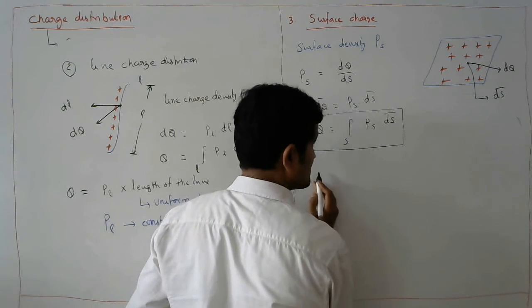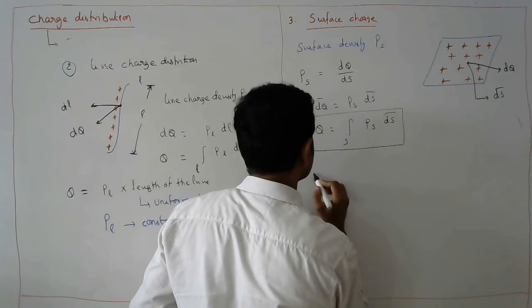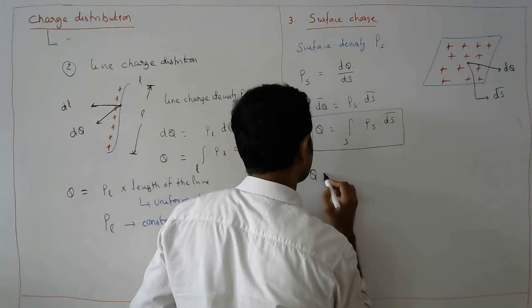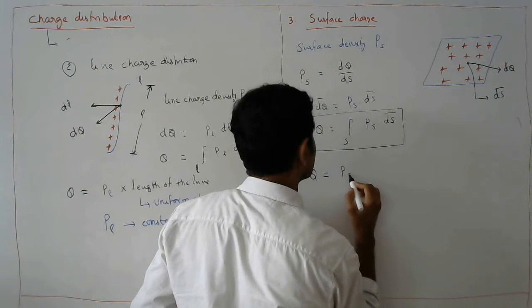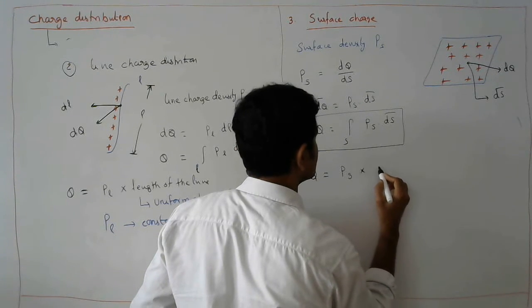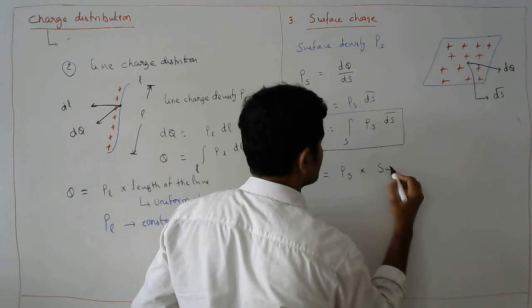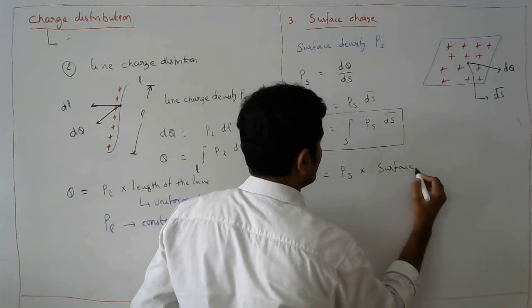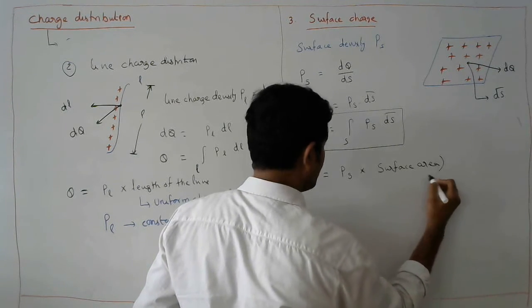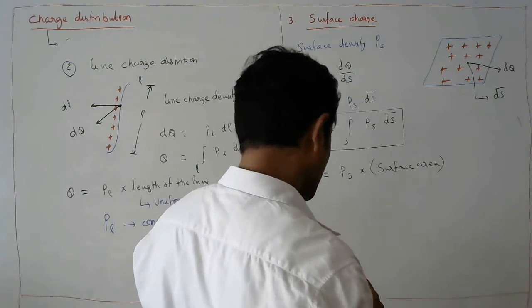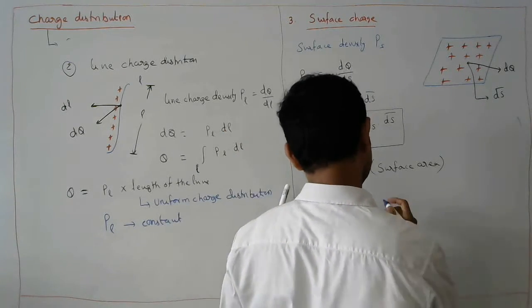If you know the limits of the surface, you can use this formula. Another formula is total charge equals surface charge density into surface area. We can use this when the charge distribution is constant.